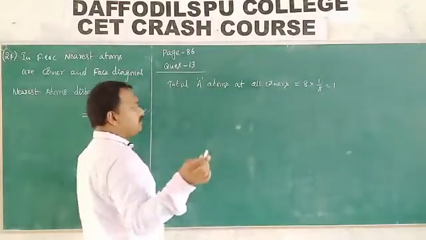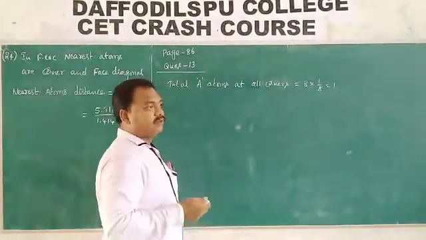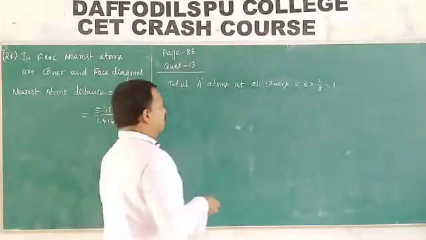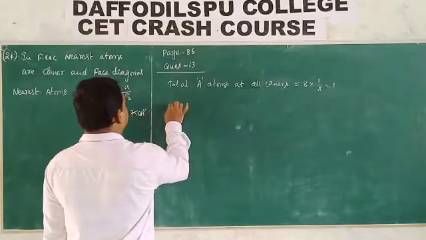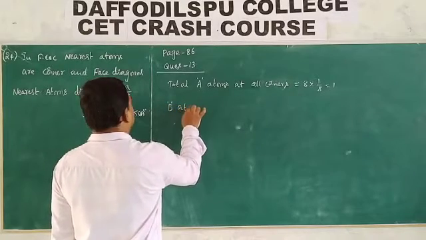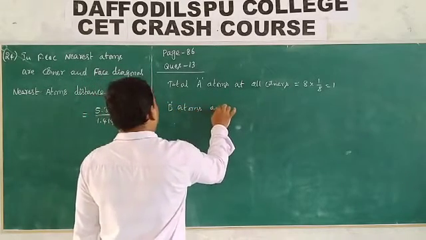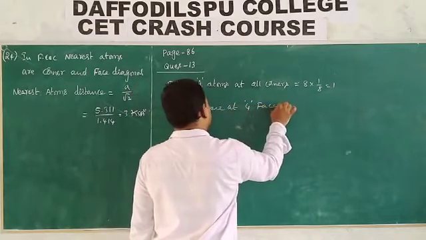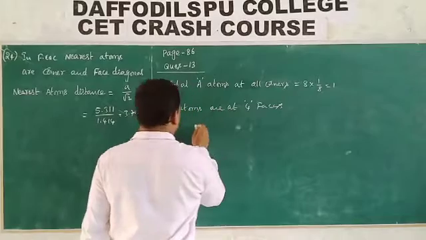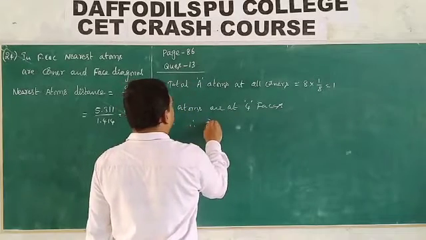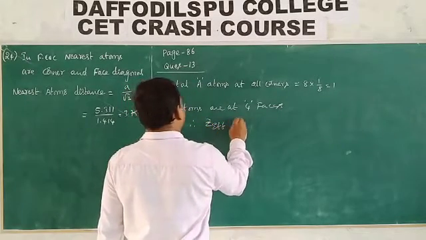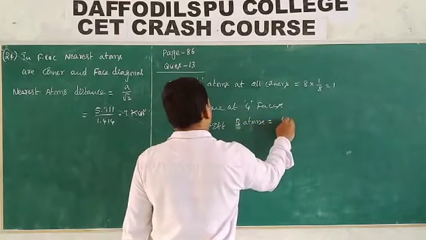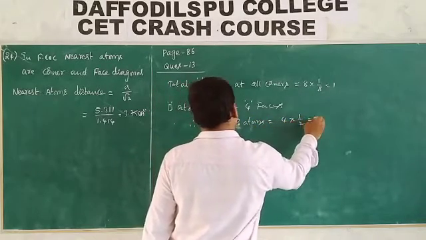That means 2 atoms are removed. Remaining, 4 faces are there. The atoms are at 4 faces. Therefore, the effective number of B atoms is 4 into 1 by 2.